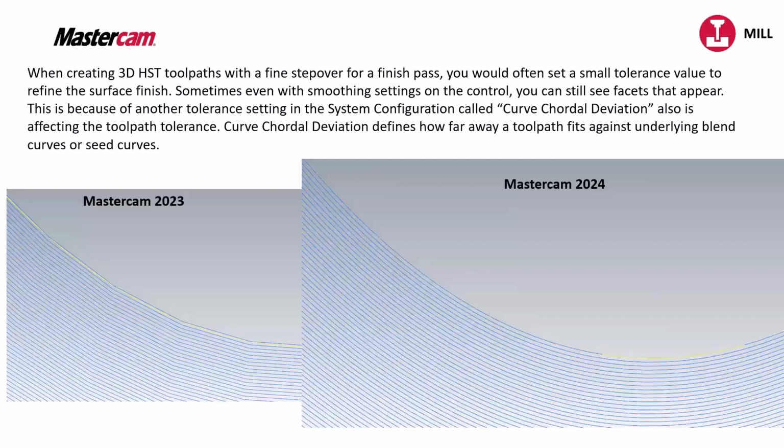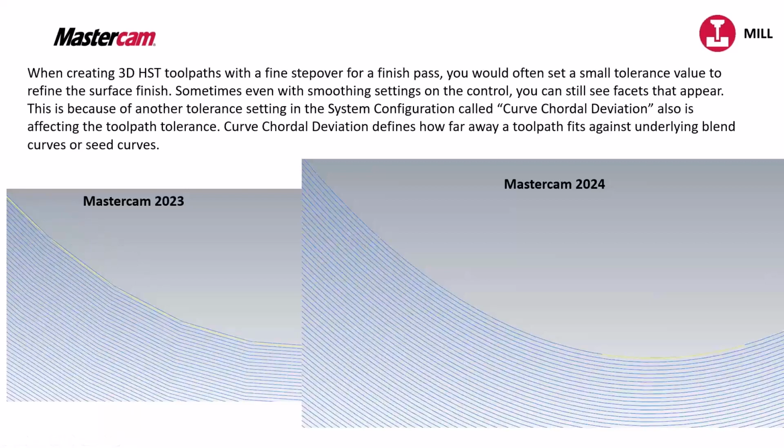So when you're trying to do a toolpath in 23 or before, if you're changing your tolerance in your toolpath, you could end up getting stuff like this with facets happening because you're not actually changing the chordal deviation. Chordal deviation is defined as following that curve in Mastercam. So you can see the facets happening here, where it's right on the line there, but in between, that's that tolerance.